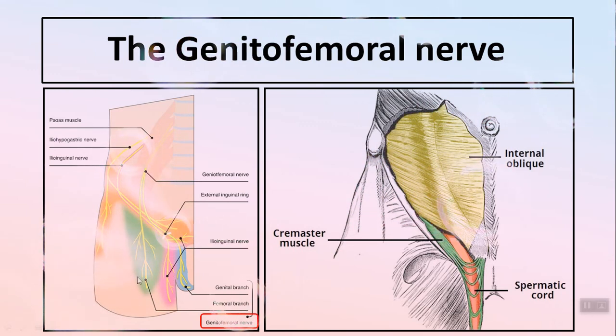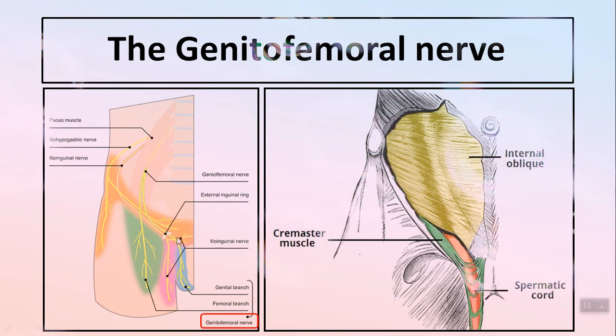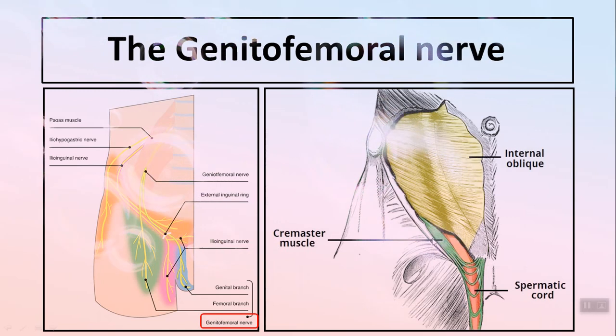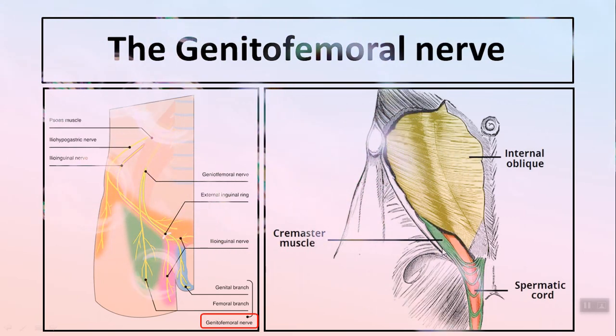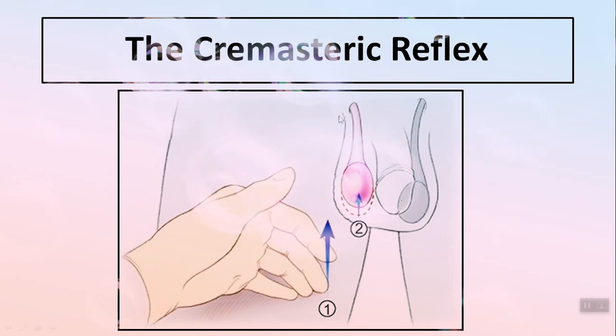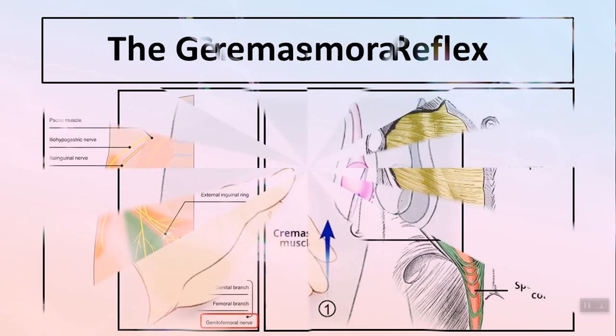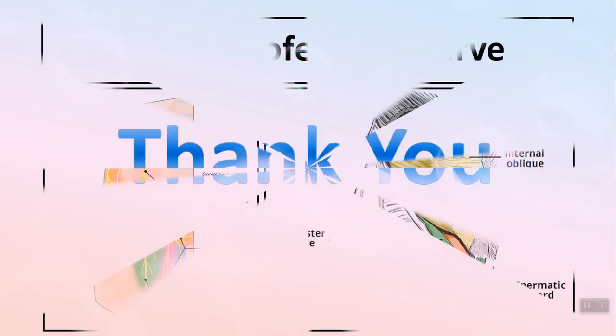When we stimulate the medial side of the thigh through the femoral branch of the genitofemoral nerve, there will be stimulation of the genital branch that supplies the cremasteric muscle, leading to contraction of the cremasteric muscle and elevation of the testis toward the body in order to protect it and to preserve heat. Thank you.